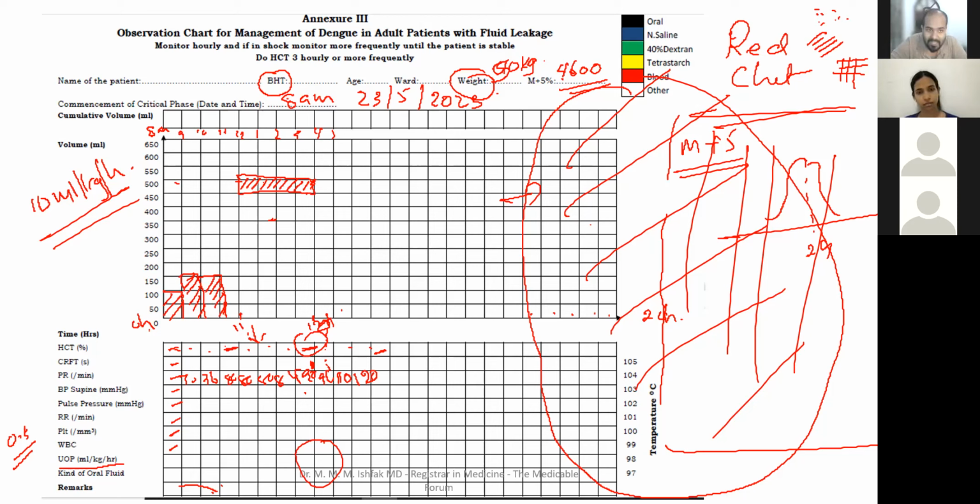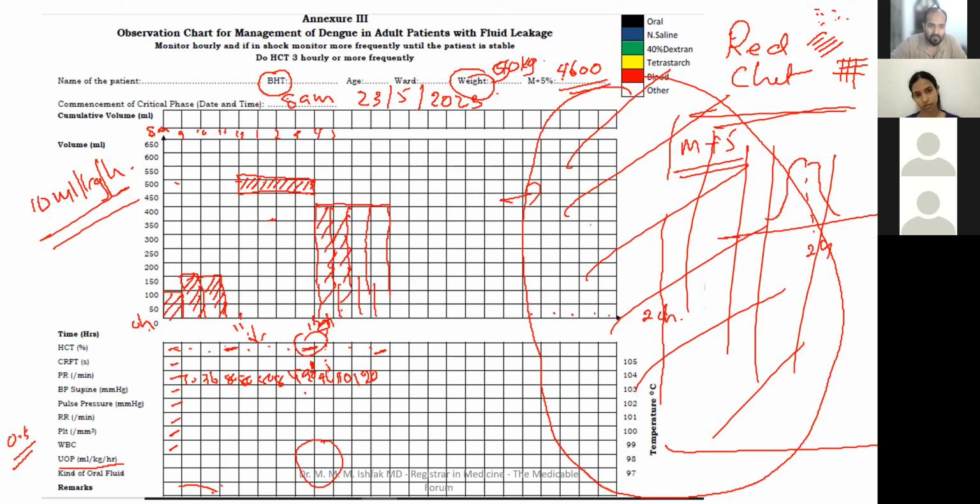So basically the recovery should be somewhat like this. Let's say 1, 2, 3, 4 for 4 hours. Now the patient is out of shock, so you don't have to monitor hourly. Sorry, you don't have to monitor every 15 minutes. Now the patient is back.